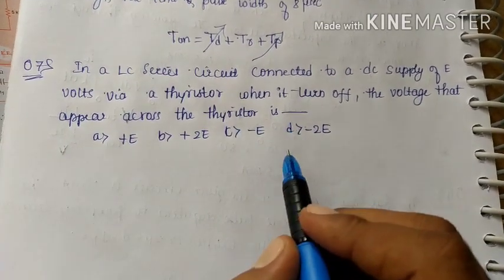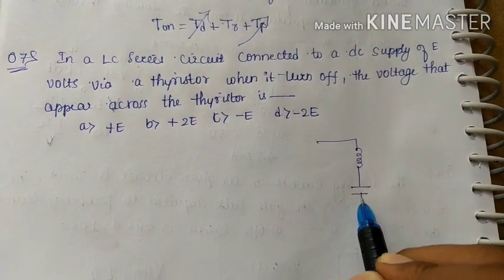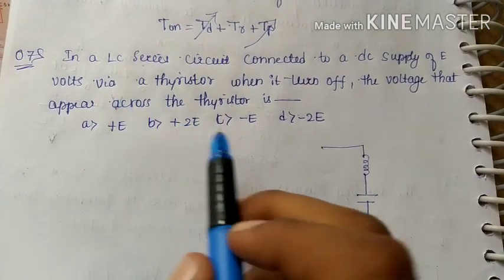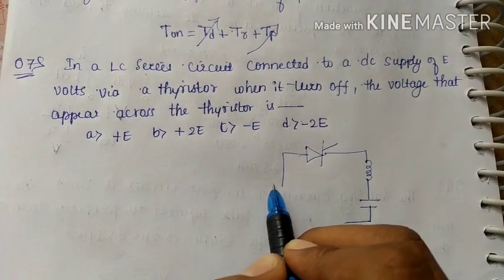So they are telling that LC circuit via thyristor, right? DC supply.